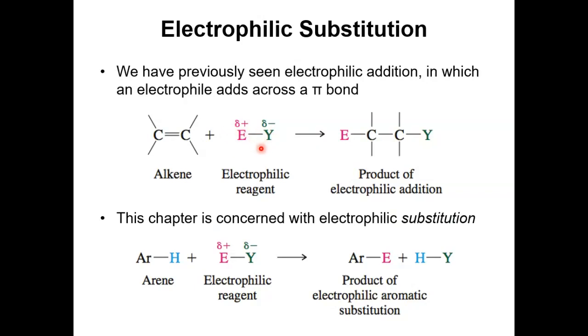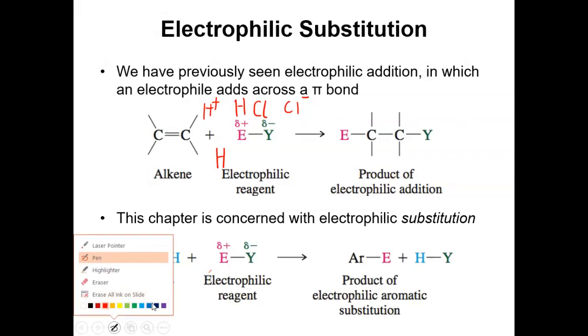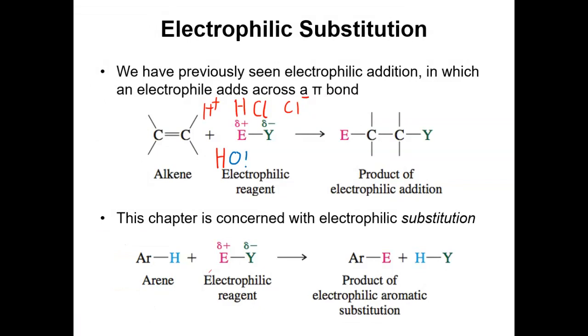A real world example, I'll give you a few. Say HCl: the delta plus part is pretty much H plus, and the delta minus part is pretty much chloride. Water also could be an electrophilic reagent.